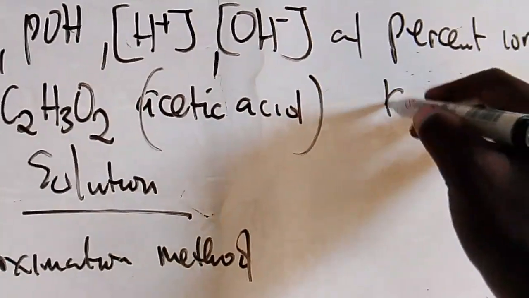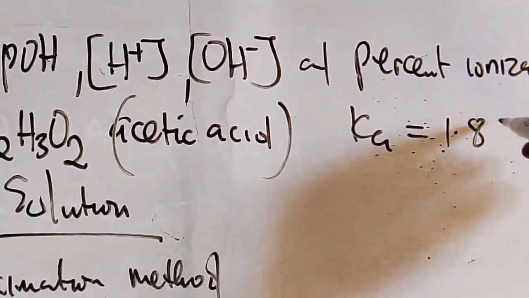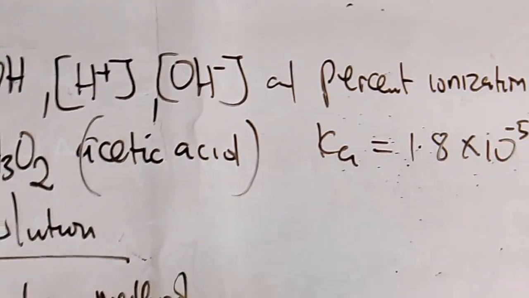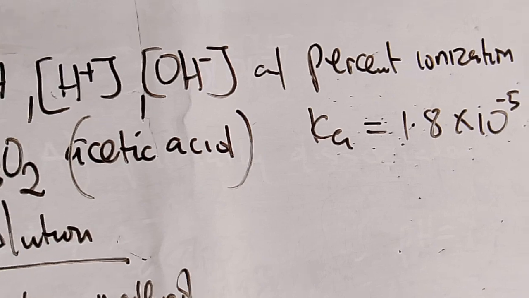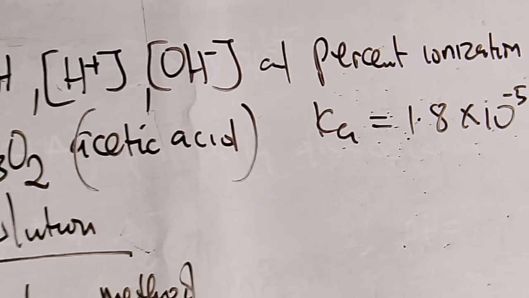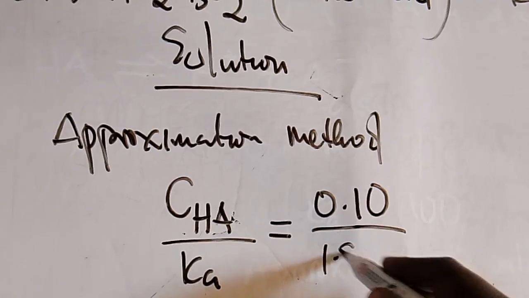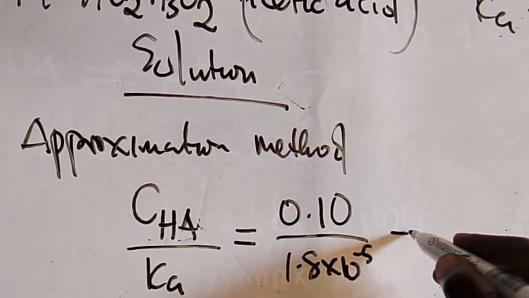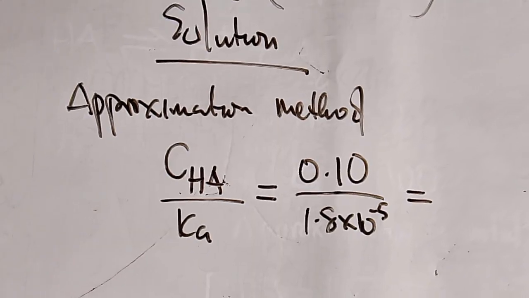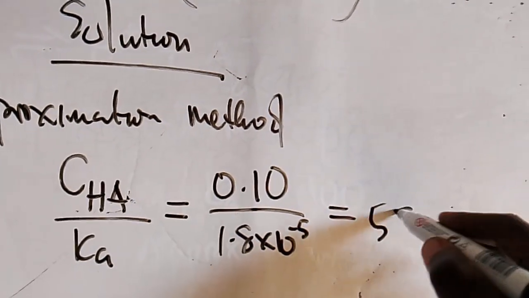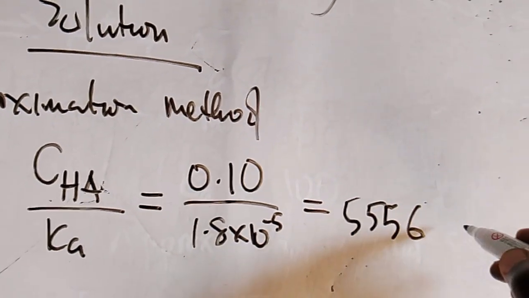Ka for acetic acid is equal to 1.8 times 10 to the power -5. When we divide, we get 5556.